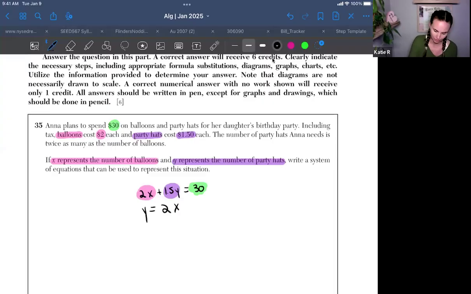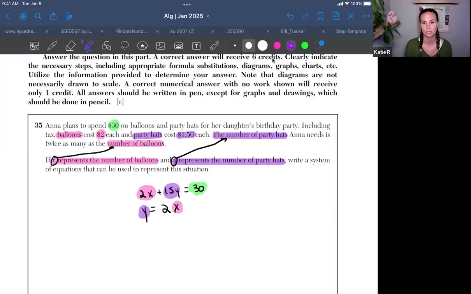But remember, that's why I like to color code everything, the number of party hats, which is y, is twice as many as the number of balloons, which is x. How do you represent twice of something? You multiply it by 2. So the number of party hats equals 2 times the amount of balloons.